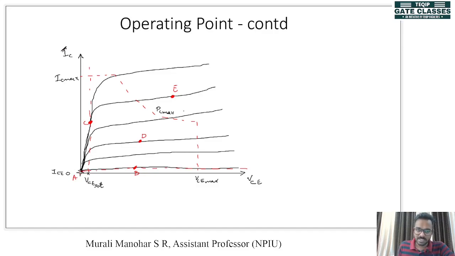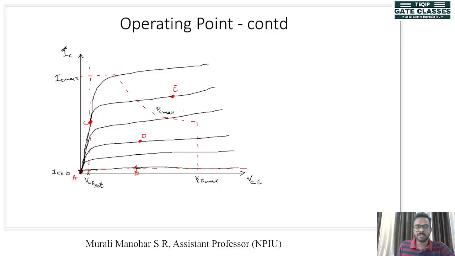So if we apply AC signals here, the positive half cycle of AC signal will be completely amplified, but the negative half cycle falls below this line, right, below this IC equal to 0 line. So below this line, the signal will be completely cut off from the output. So A cannot be an operating point.